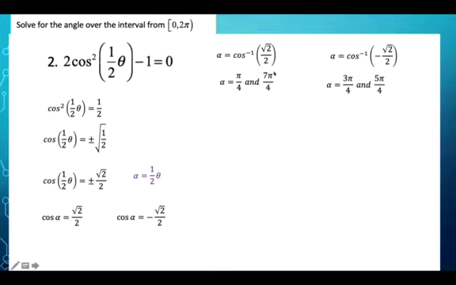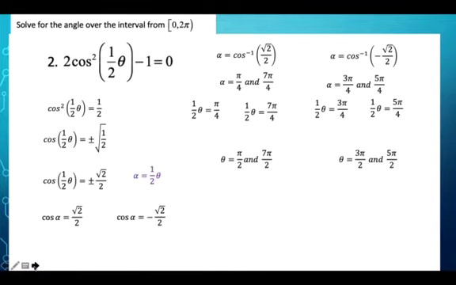Think about where 7 pi over 4 is. Think about where 5 pi over 4 is. Now, if I just go through the steps that we've been working through, which is fine, I'm going to replace my alpha with my 1/2 theta. So I'm going to set each of those angles equal to 1/2 theta, and I'm going to get these angles. Now, think about what we said before. We were only using half the circle, so we were only using quadrant 1 and quadrant 2.